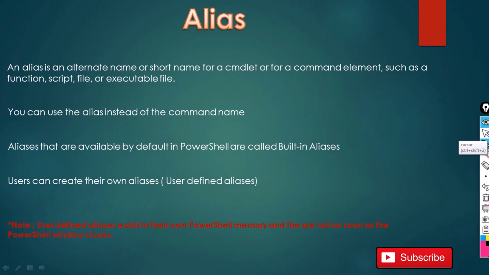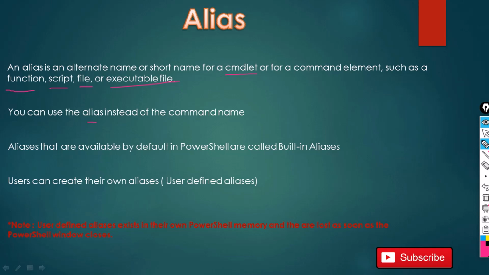So aliases are a kind of shortcut that you can create. You can create one for a commandlet, a function, a script, a file, or an executable file. Then you can use the alias instead of the complete command name, but the output on the console will still be the same.